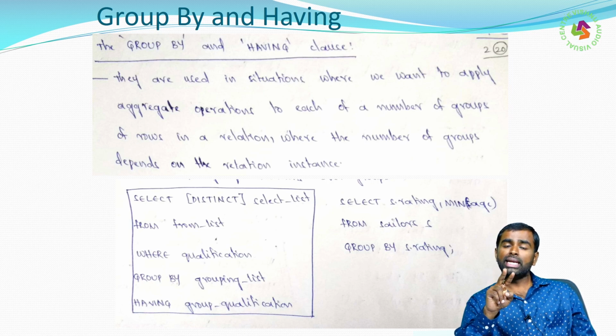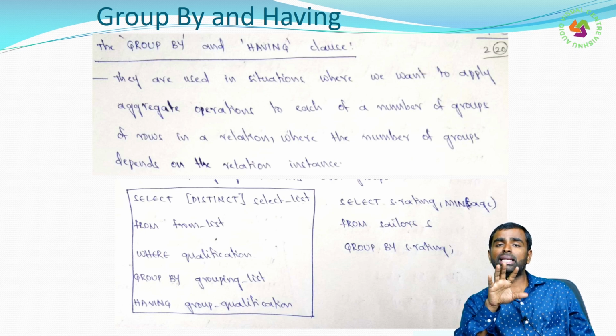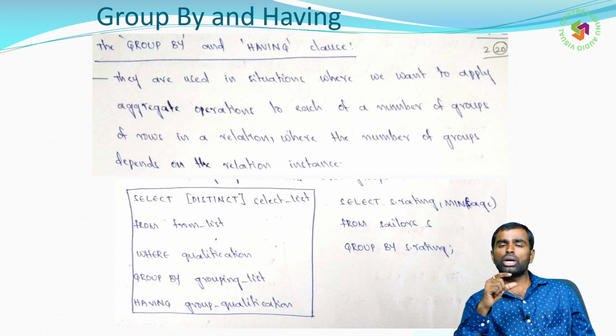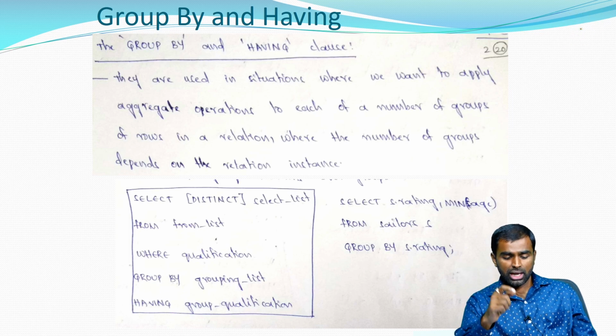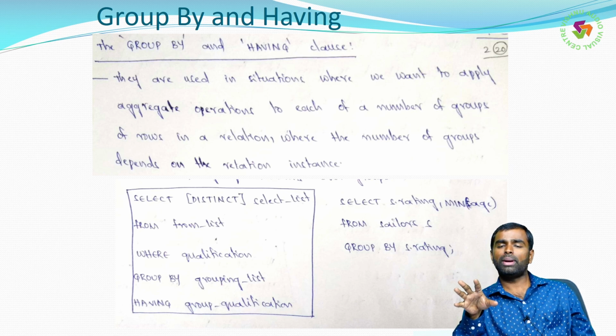If your data needs two tables, then you have to give two table names. If your data is interrelated across three tables, and only by combining the three tables can you get the data, then in the from portion you can give three table names. Where means condition. For each and every record, if you have to apply a condition, then you will use where.